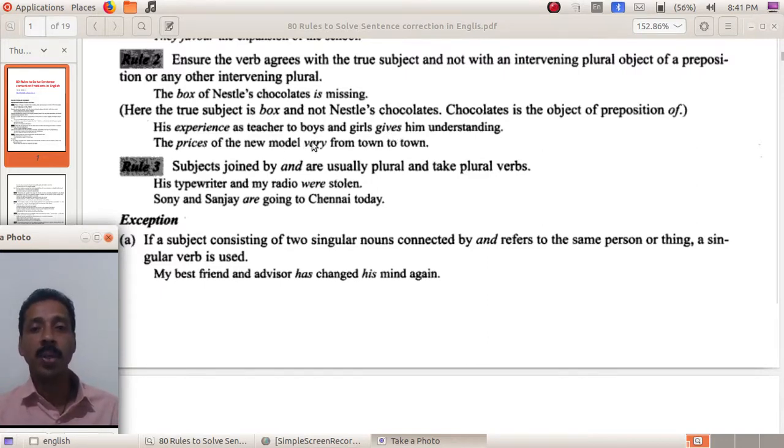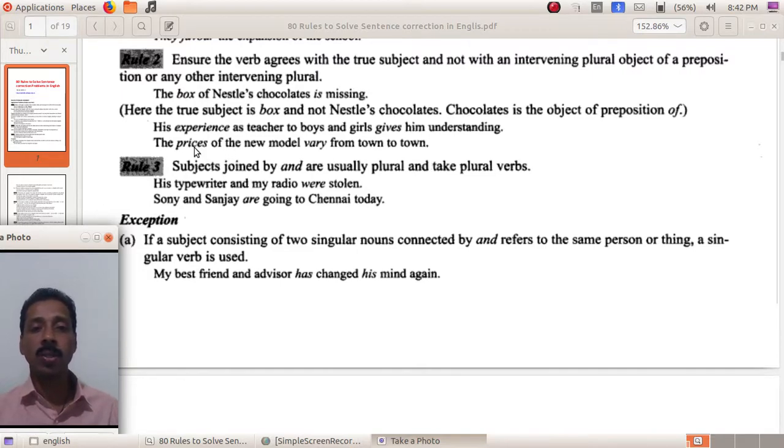So this is the thing you have to keep in mind. Sometimes the subject won't be a single noun, sometimes it will be a phrase, and then you have to identify the head noun or the true subject. So here it is experience. The second sentence, the prices of the new model vary from town to town.